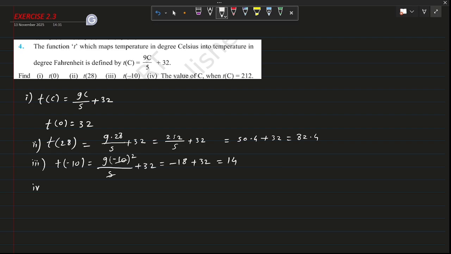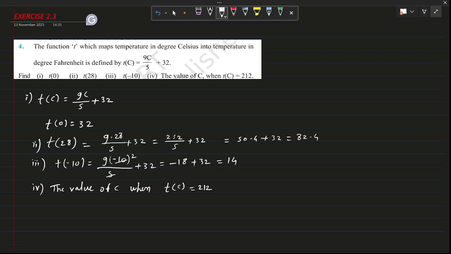Now in the fourth question, we have to find the value of C when T of C is given as 212.